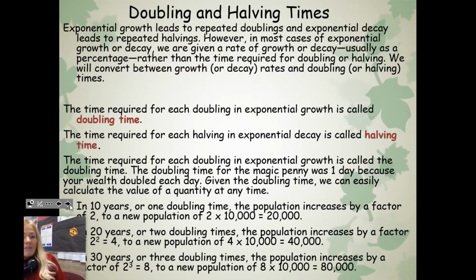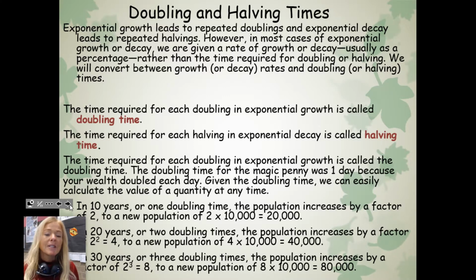Exponential growth happens. Remember that things really grow quickly in exponential growth. They just take off. That occurs with repeated doublings. And if something is decaying, like radioactive material, and it decays exponentially, then we would have repeated halvings of the material.